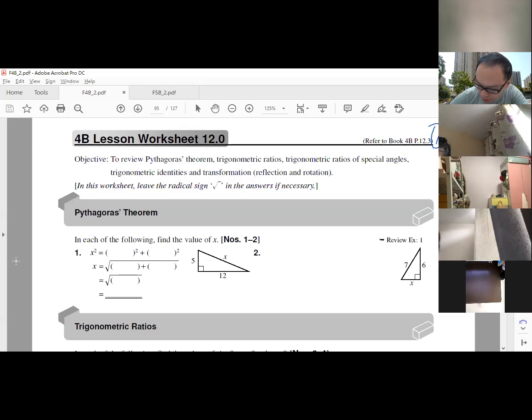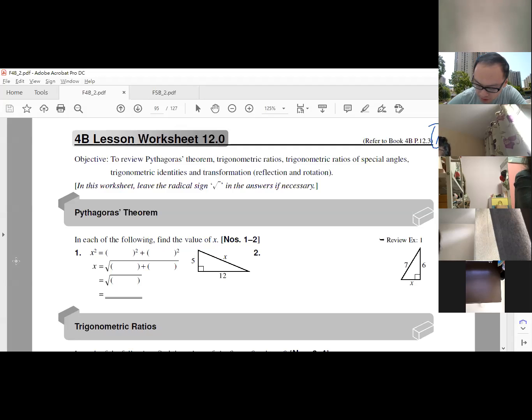The first is the Pythagoras theorem. If you have a right angle triangle and you have the length of 3 sides, you just need to identify which one is the longest side. Longest side must be the side opposite to the right angle.